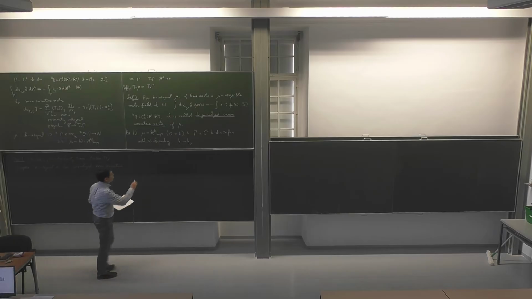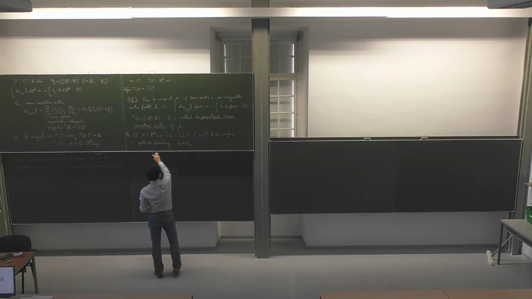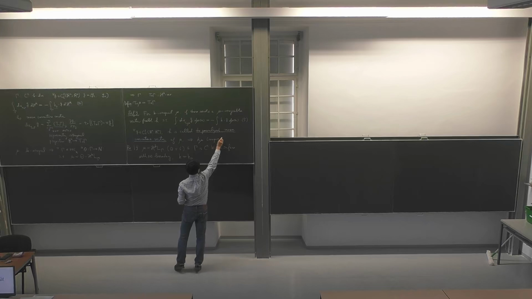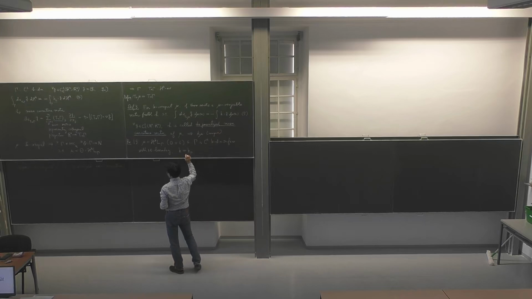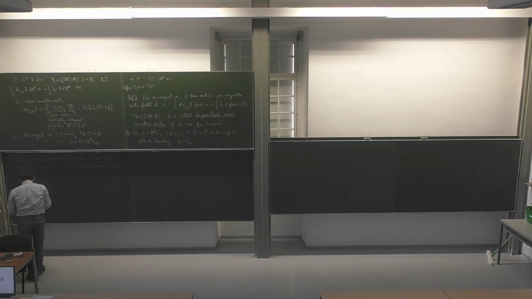By the way, if such things exist, then it's unique, almost everywhere, of course. So since it's unique, I write this H to be H of mu.